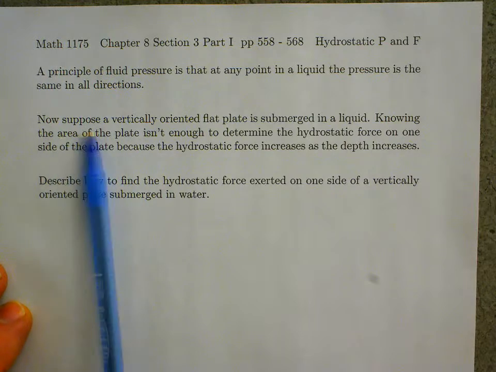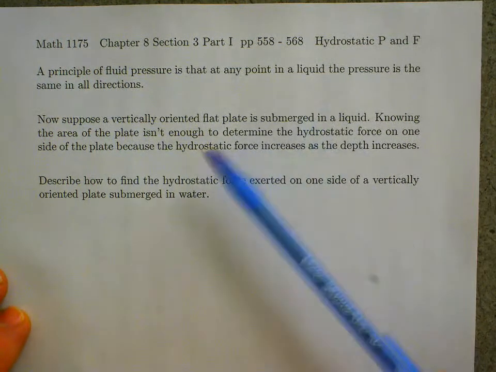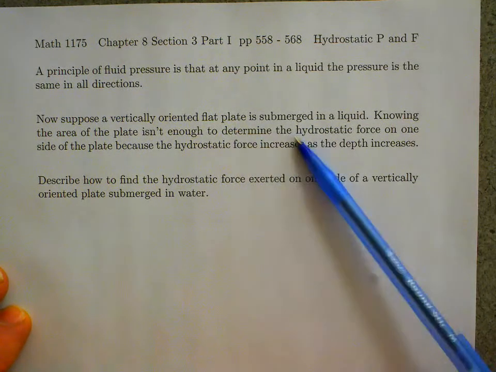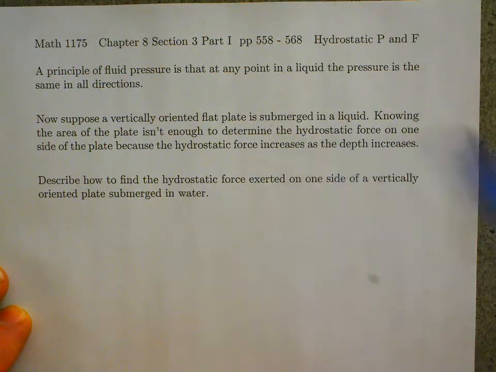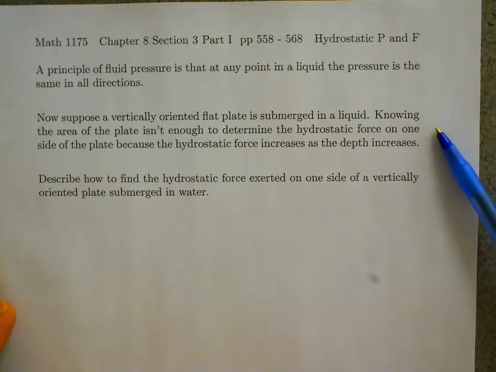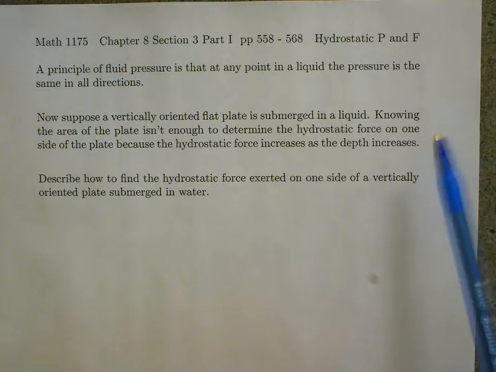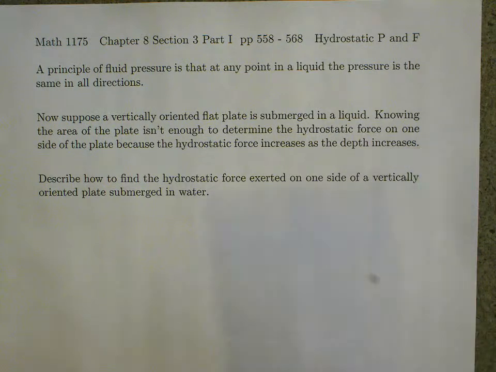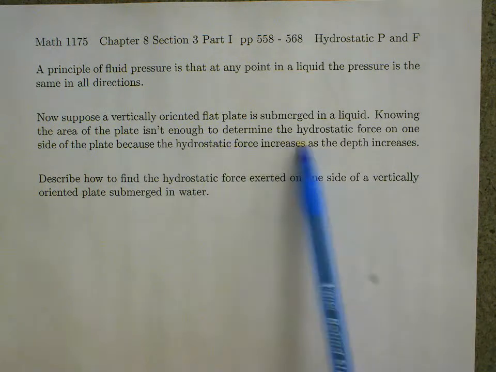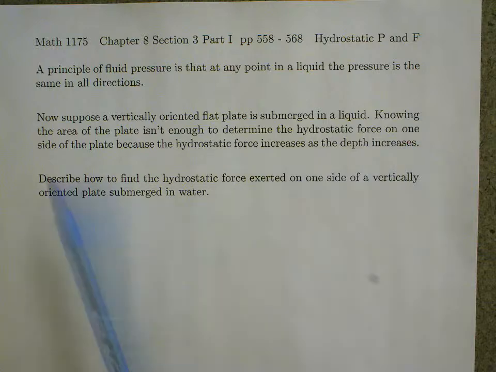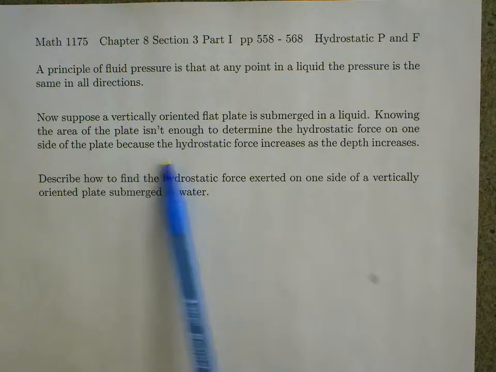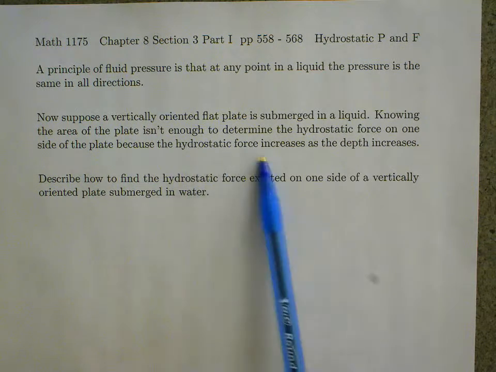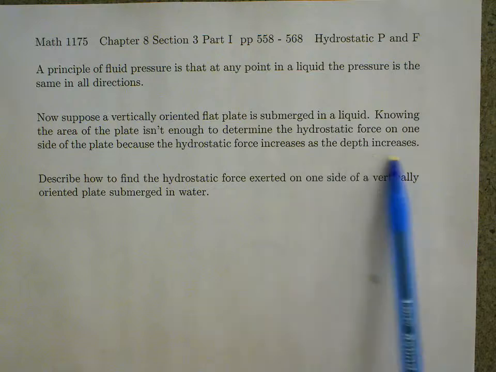So we're going to suppose that a vertically oriented flat plate is submerged in a liquid. And knowing the area of the plate isn't enough to determine the hydrostatic force on one side of the plate, because the hydrostatic force increases as the depth increases.